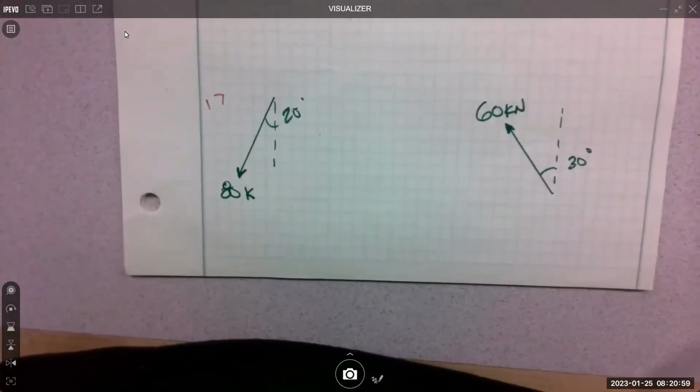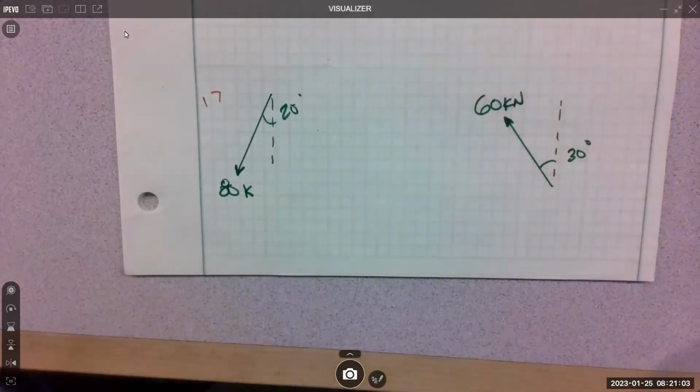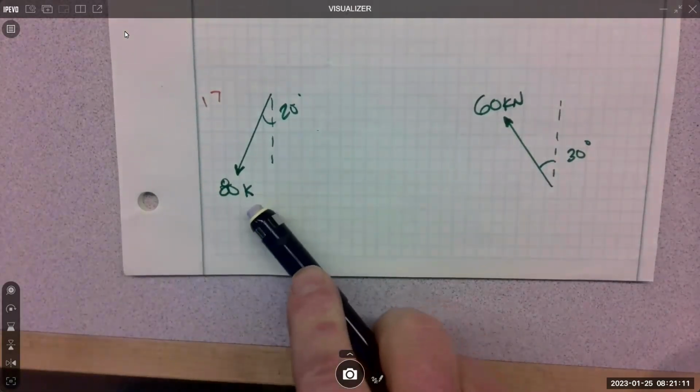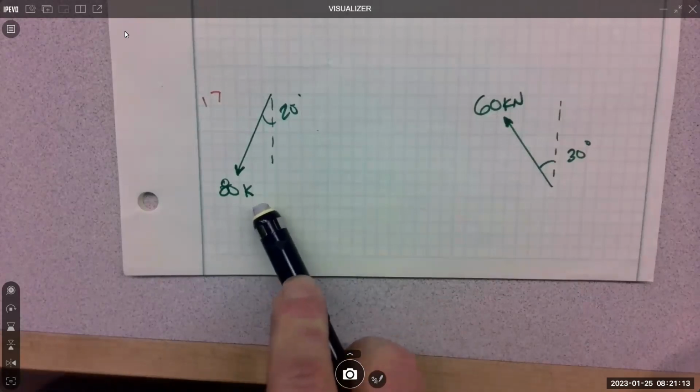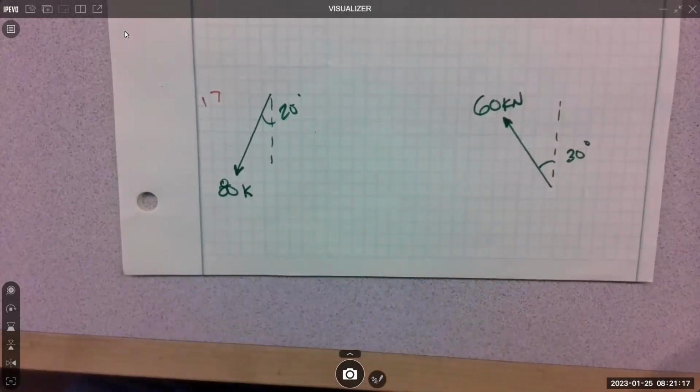All right, 17 gave you some vectors in a word type problem, right? Said you have 80 kips. What's a kip again? 1,000 pounds. So we're talking big numbers when you see kips. I have 80 kips kind of down and to the left, I think it said, right?